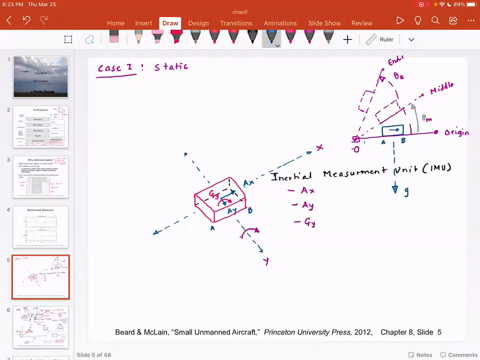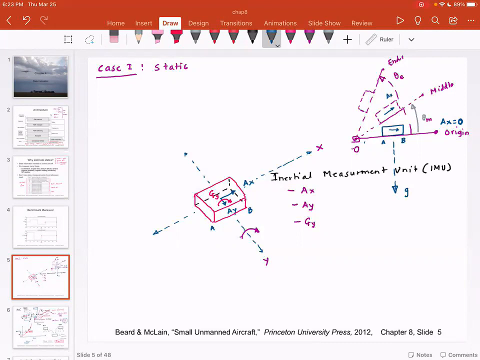So first, the accelerometer in X direction, at origin, here AX is going to measure 0. What happens here? Here, this is the direction of AX.